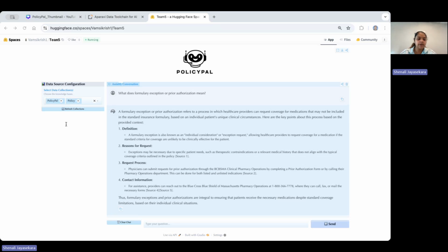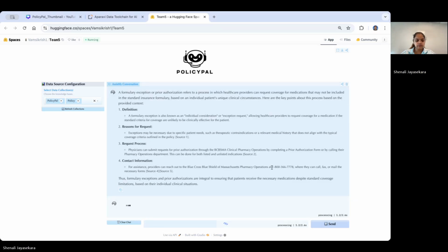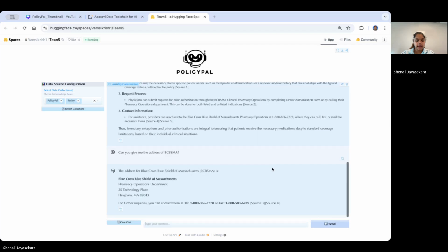So I can ask PolicyPal, can you give me the address of Blue Cross Blue Shield, Massachusetts? It gives me the address and how we can contact them. In this case, it even gives us a fax. So in the old days, if PolicyPal existed, people probably could have faxed it.